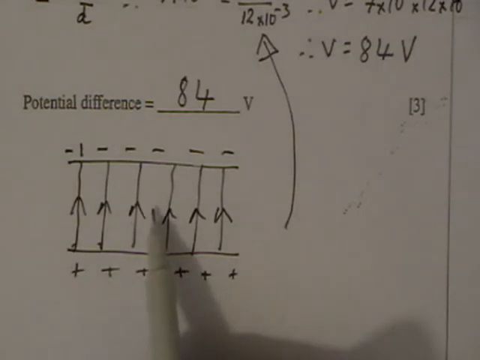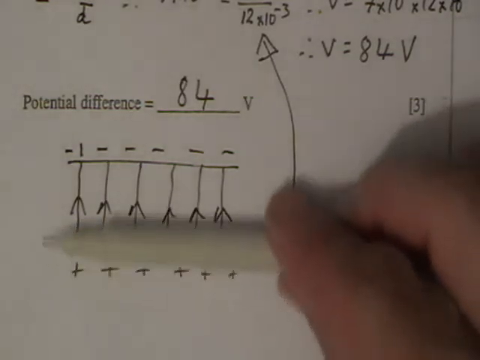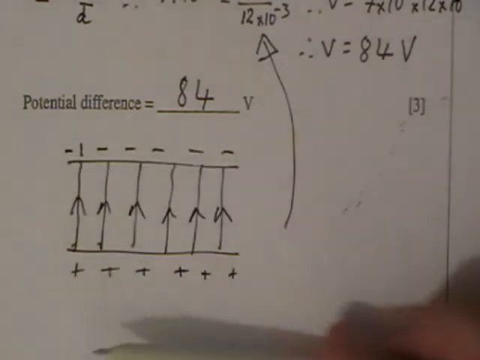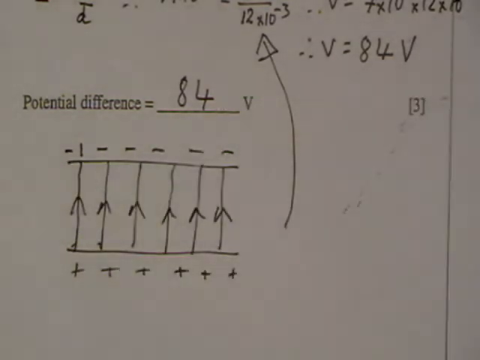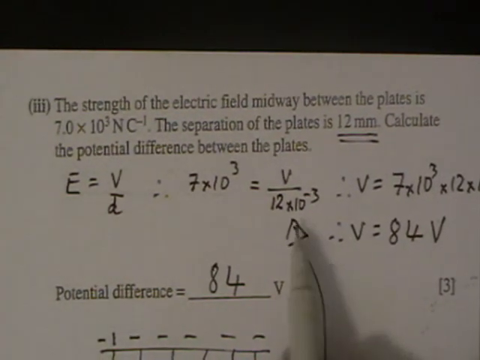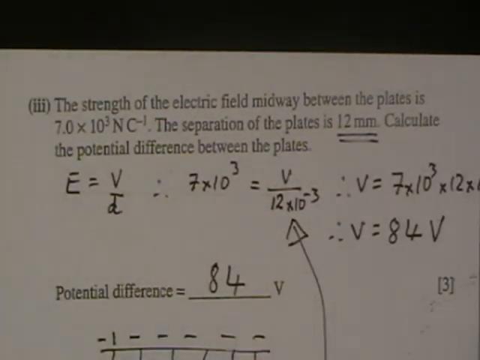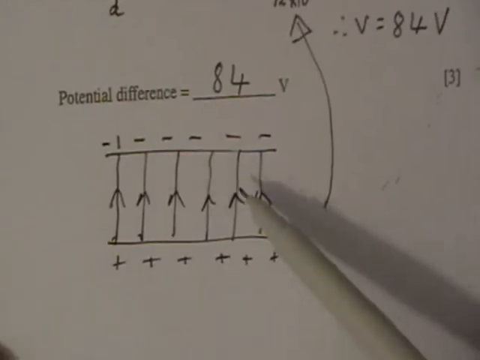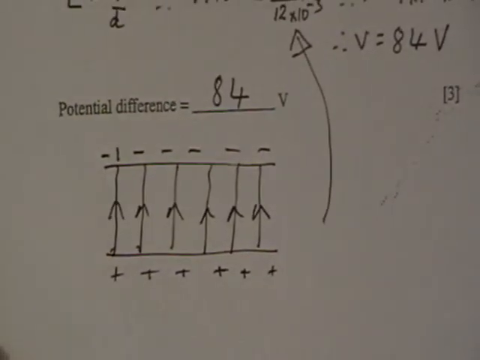It doesn't matter if it's halfway or a quarter. What does change is the voltage as you go across there, going from 0 up to 84 volts. But whenever you're doing that calculation, you use the 12 times 10 to the minus 3, because the field strength is equal to the voltage divided by the distance between the plates. Even if it's in the middle that you're looking for it, anywhere there, the field strength will be constant throughout.